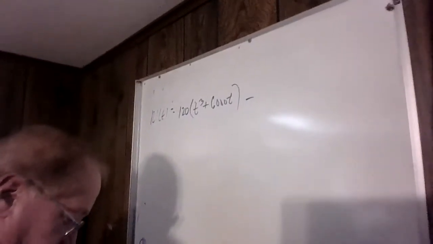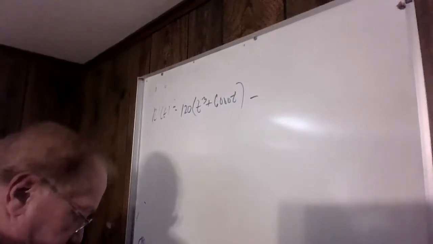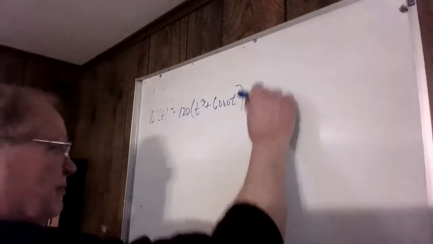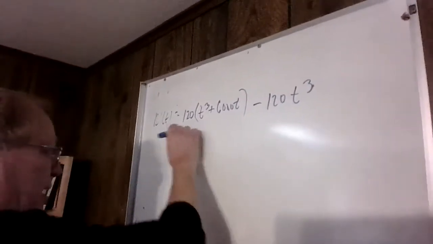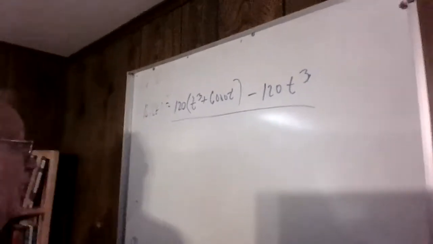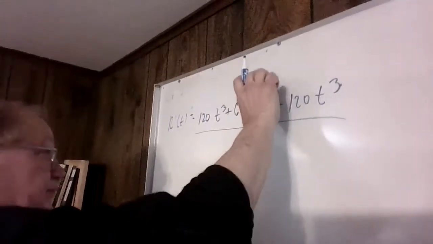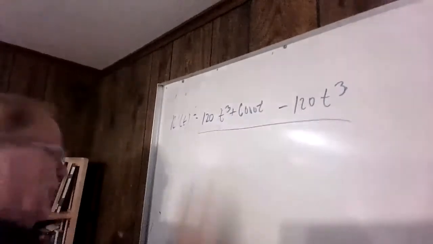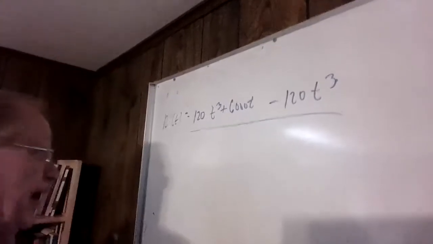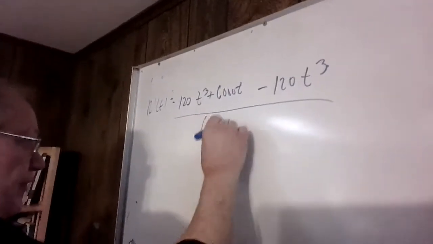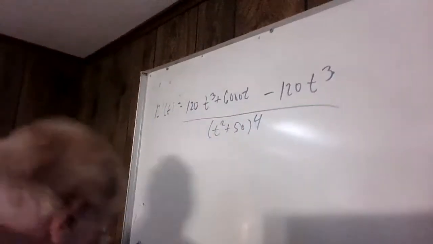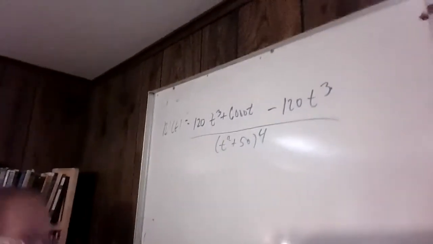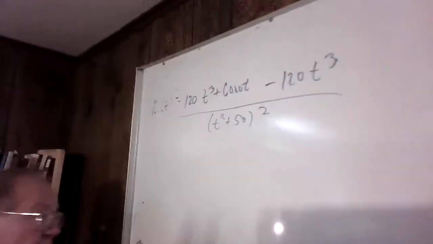Okay, minus, here we have 60 times 2t, which is going to be 120 t cubed. Divided by, I don't need this here because I already did that. I distributed it. Divided by t squared plus 50, and it's just squared. Right, it wasn't squared in the beginning.